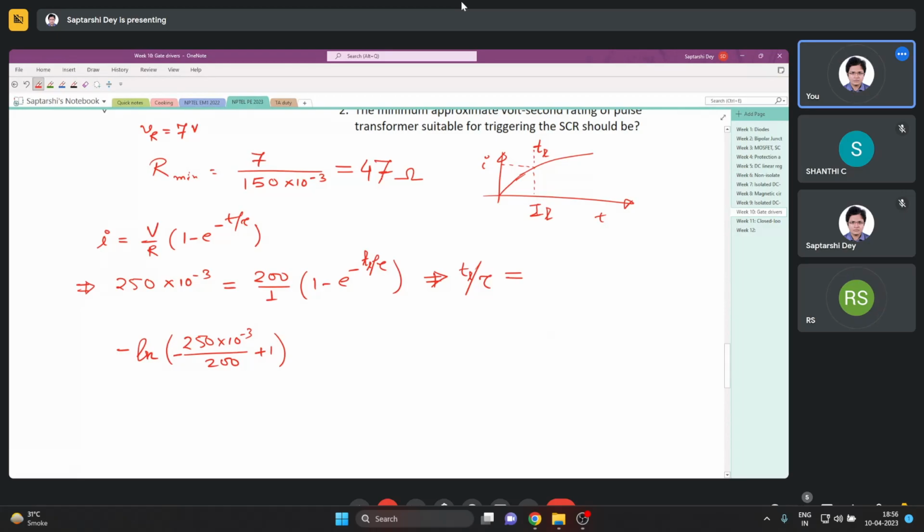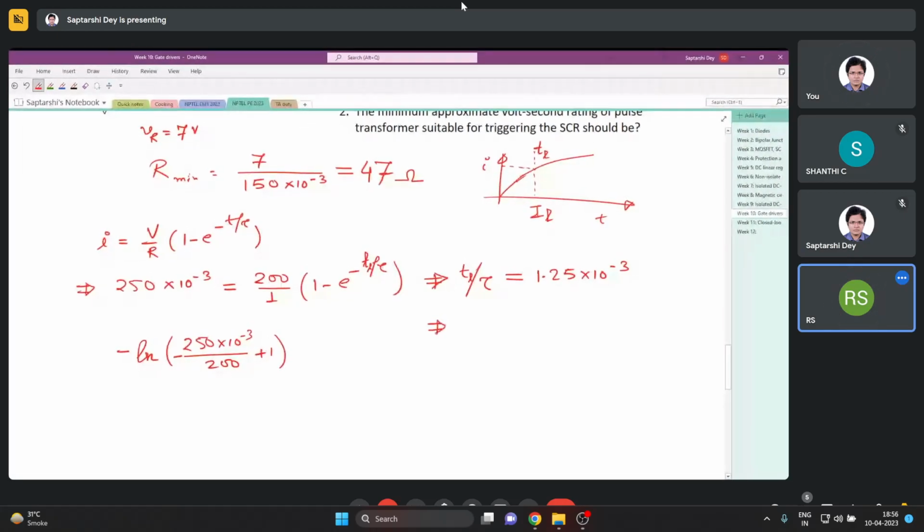How long does it take? No, we are not having access to calculator. So it is ln 1 minus, this is 1.25 times 10 to the power minus 3.